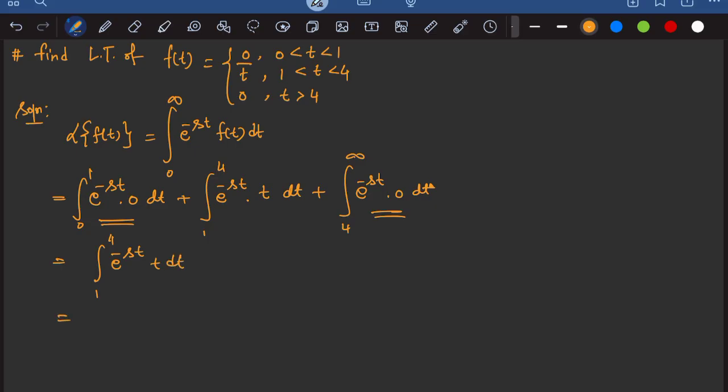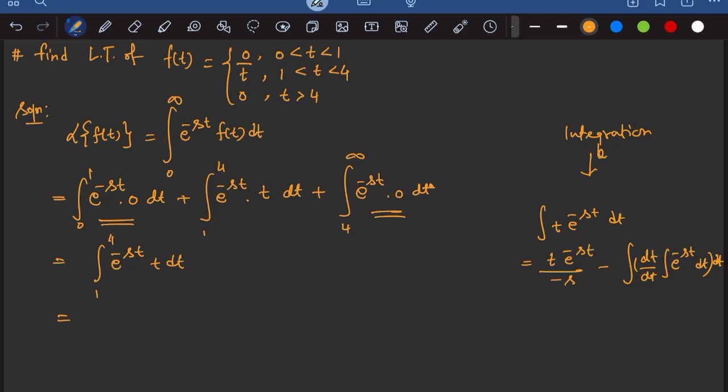Now if you perform this integration, that is the integral of t e power minus st dt, we use integration by parts: t e power minus st by minus s, minus the integral of the derivative of t times the integral of e power minus st dt. It was there in 11th and 12th standard.